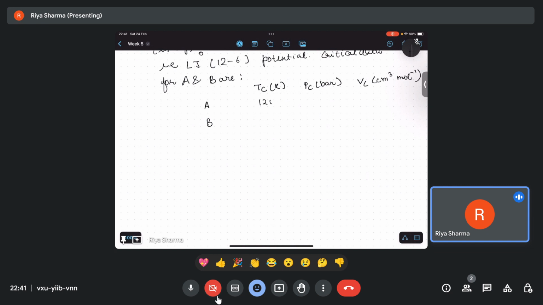This is 120, this is 180, 31.9, 36.1, 90, and 120. Please try doing it yourself and you will soon get that.